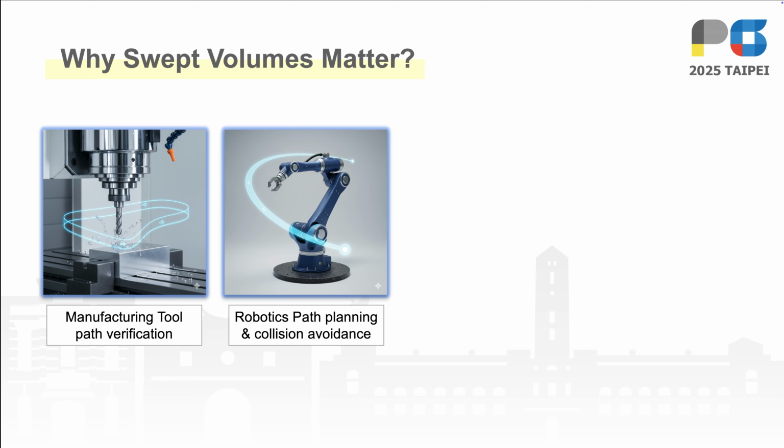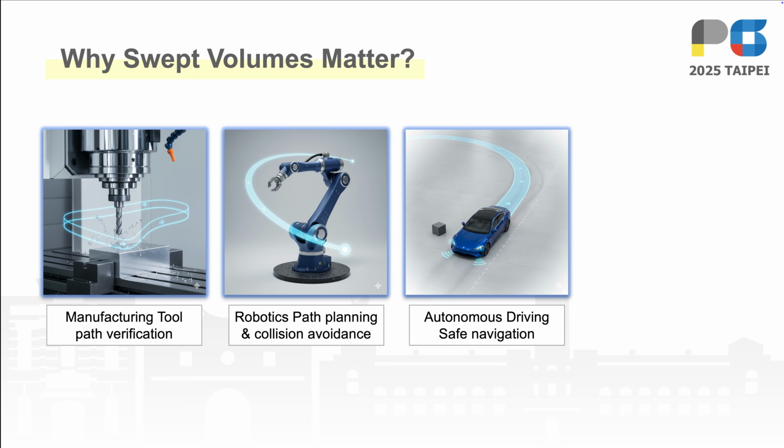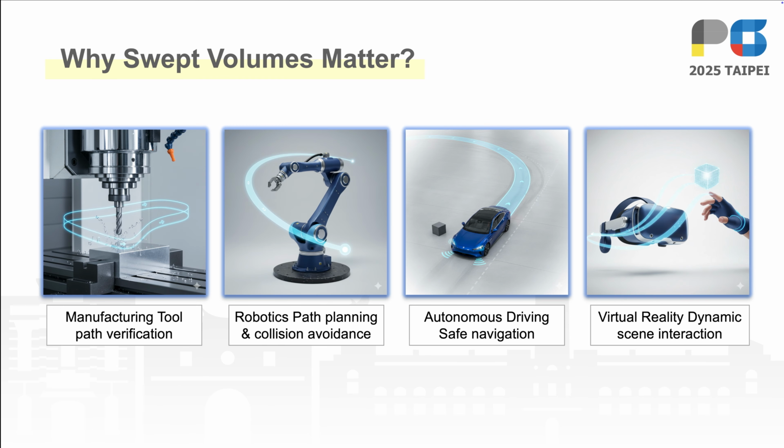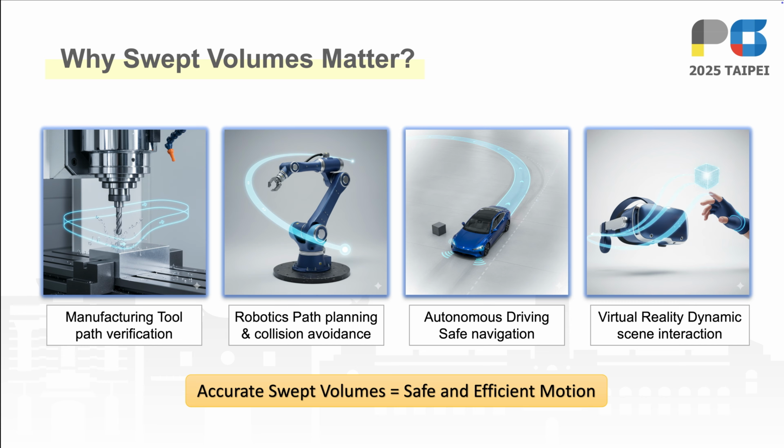For autonomous driving, computing swept volumes is essential for safe navigation, especially in complex environments like parking garages or tight urban streets. And in virtual reality, swept volumes help us create realistic dynamic scene interactions. This means accurate swept volumes equal safe and efficient motion.